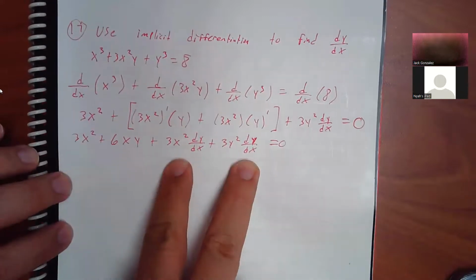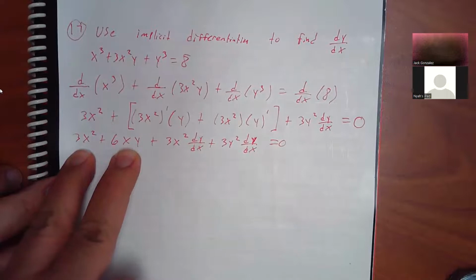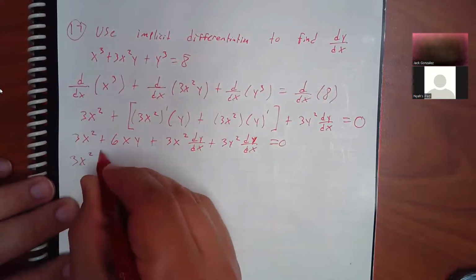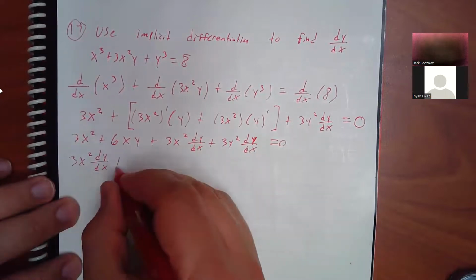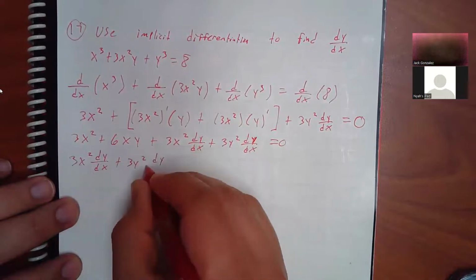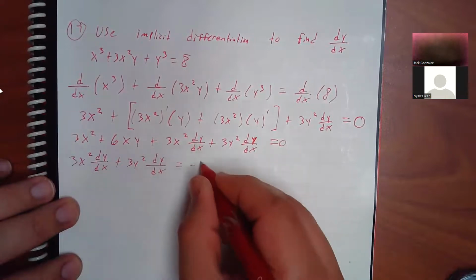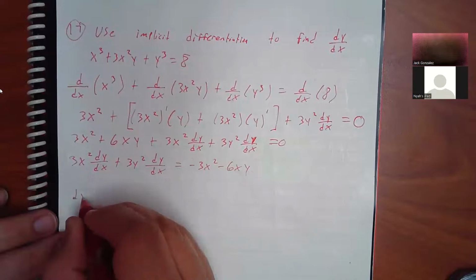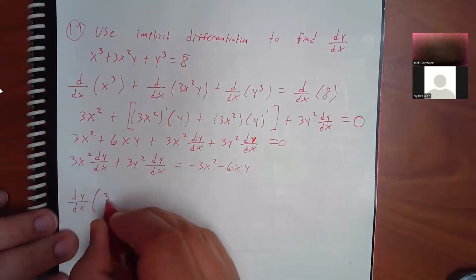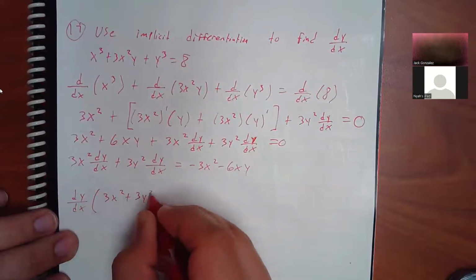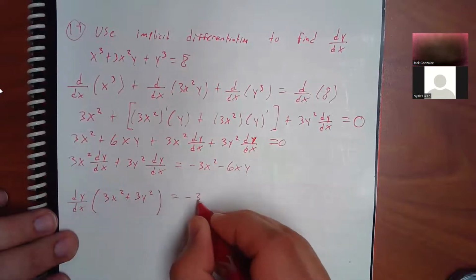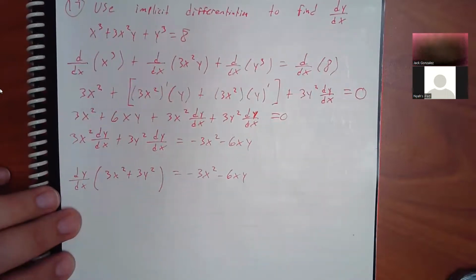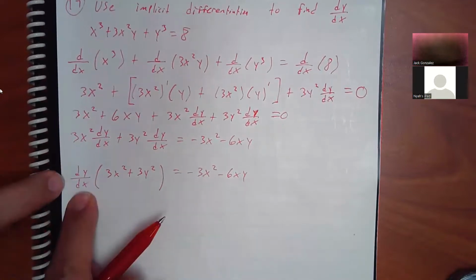So isolate these guys, and this is the right hand side. So we factor dy dx out of both of these terms.